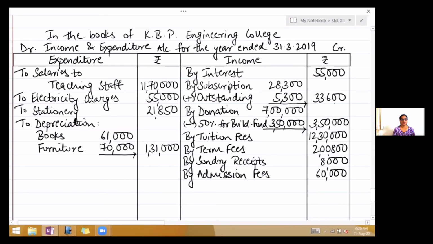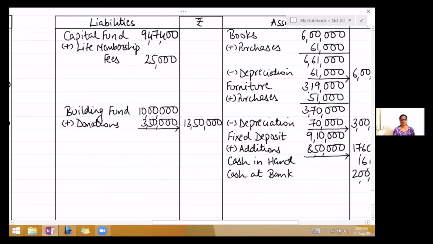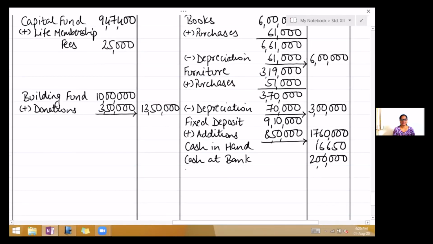So it's 33,600. Now this is outstanding income. So second effect will be shown on the asset side of the balance sheet. So on the asset side, write outstanding subscription 5,300.